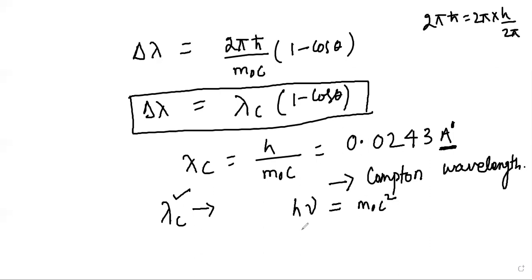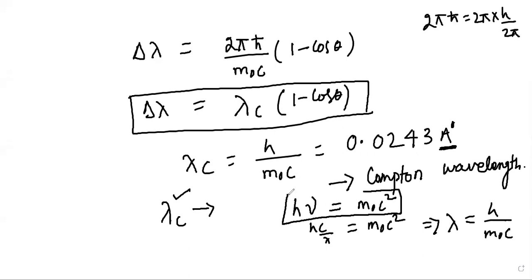So from this you can just write hc by lambda is equal to m0 c square. If you solve for lambda, lambda is equal to h by m0 c. This is what our lambda c is, right? So you can also define the Compton wavelength this way. This h by m0 c is nothing but the Compton wavelength of the electron.